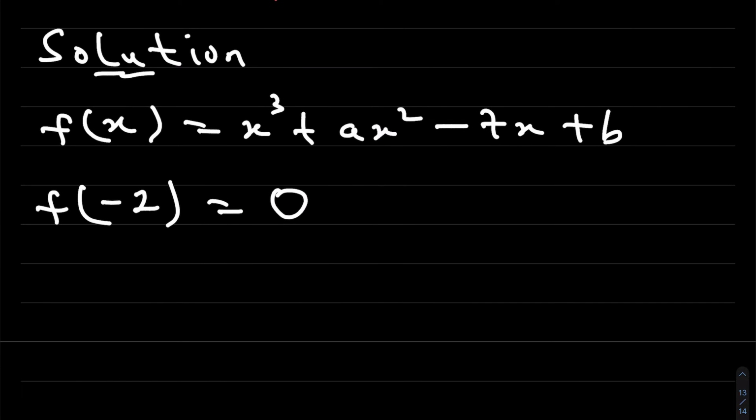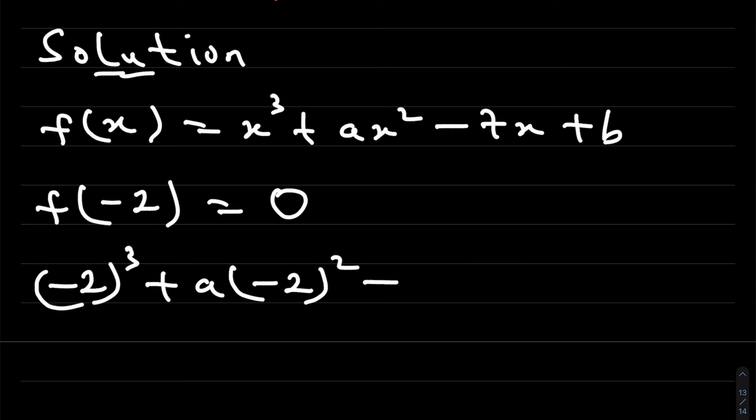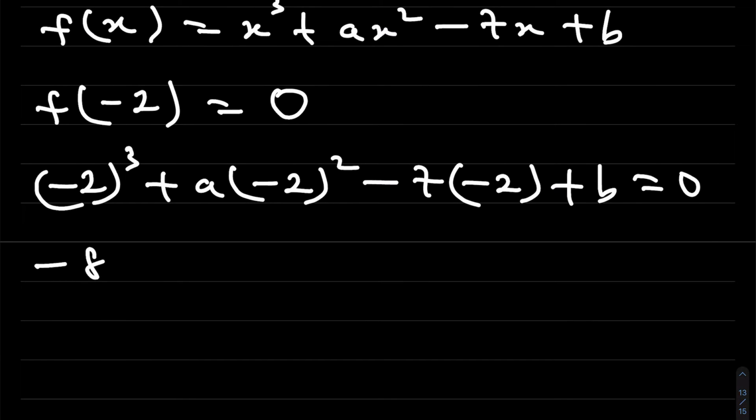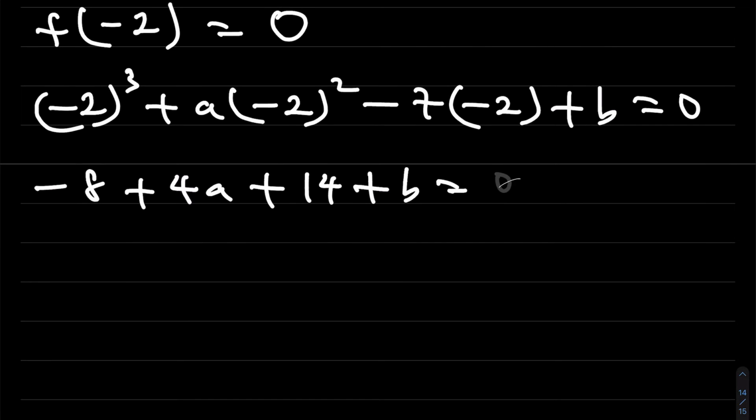So f of minus 2 equals 0, and that means minus 2 cubed plus a times minus 2 squared minus 7 times minus 2 plus b equals 0, which is the same as minus 8 plus 4a plus 14 plus b equals 0.